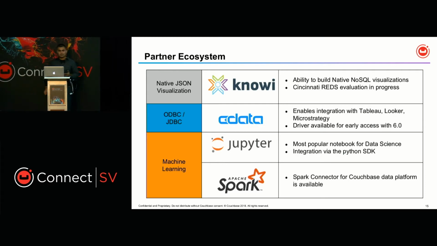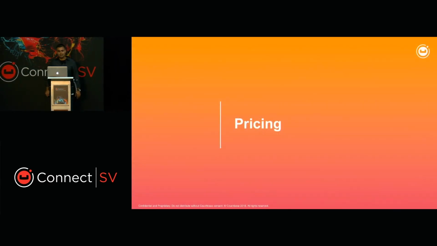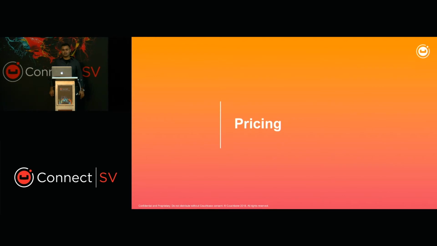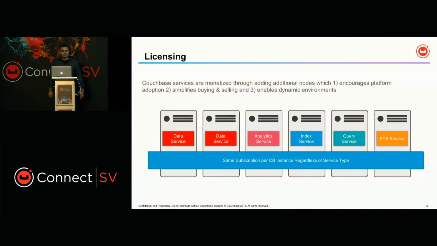So with all of this, the one thing that I like to talk about is pricing. This is for those of us who are evaluating analytics. I don't want it to be something that you discover late in the cycle. So first of all, the licensing is simple. The objective for licensing was that it's got to be straightforward for people to understand. So we have different types of services that you can purchase.